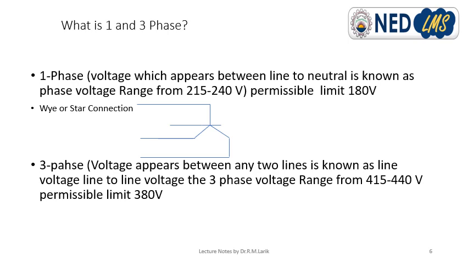A live wire means a wire which has some supply, meaning voltage, inside. In a single phase, the voltage which appears between line and neutral is called the phase voltage. Look at the star connection: this is a star connection, and this one is the neutral.